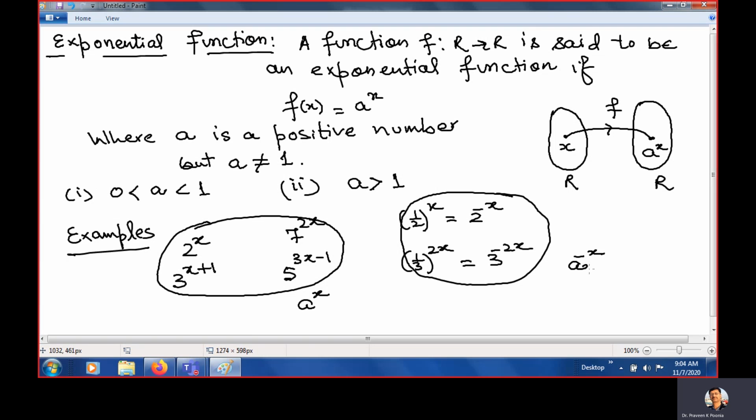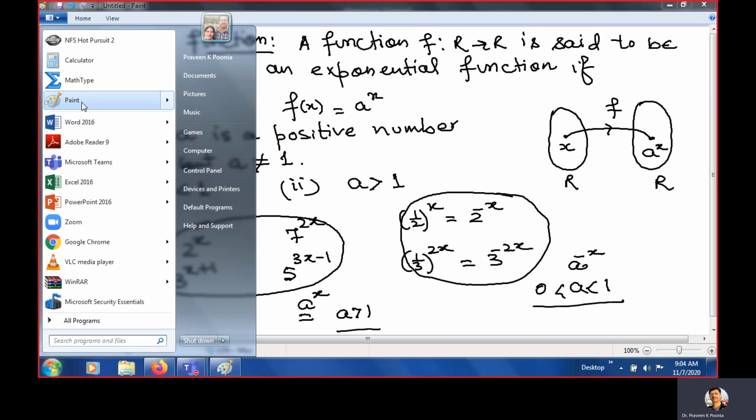Whether it is a^x or a^(-x), both are known as exponential functions. Here we are considering a greater than 1, but here we are considering a less than 1 but greater than 0.